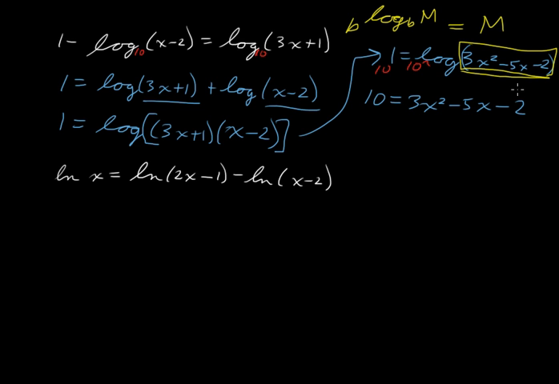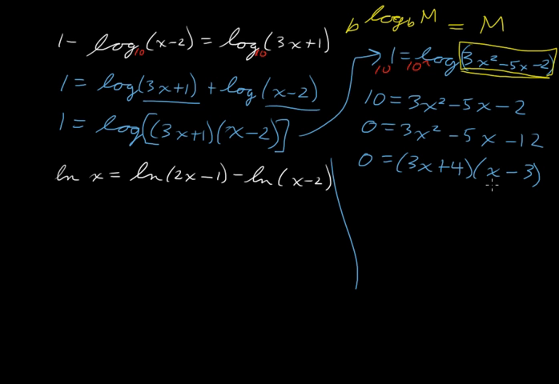Now we're rid of the logarithms, so we can just write 0 equals 3x squared minus 5x minus 12. And that factors as 3x plus 4 times the quantity x minus 3. So we have our solutions. x equals negative 4/3 and x equals positive 3.